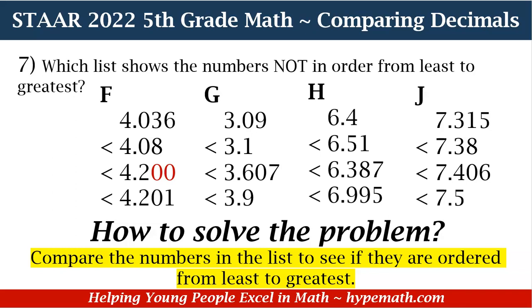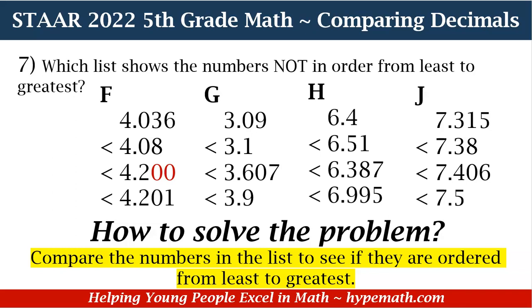And we're going to put them there because we need to see the number and be able to compare it with that other number. So looking at the hundredths place, both of them have a 0, okay? Now we need to move to the thousandths place. And our top number has a 0 and the bottom one has a 1. So yes, F is listed from least to greatest, okay?